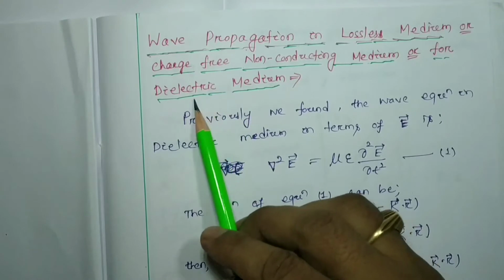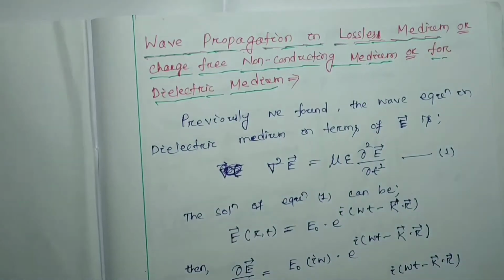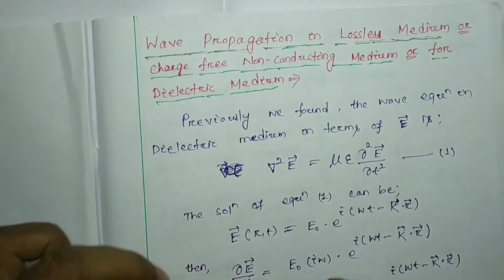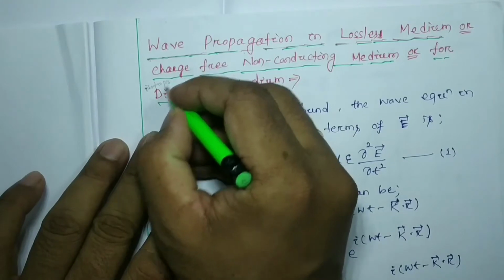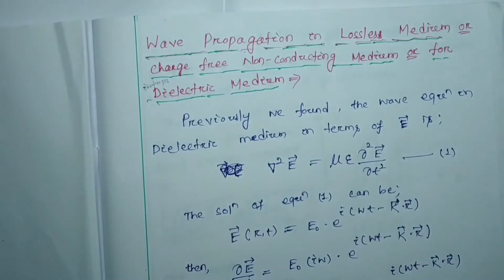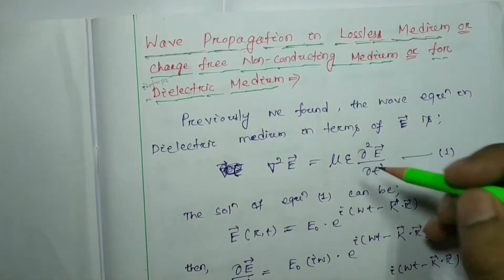And here the dielectric means isotropic, in all ways it is symmetric. Isotropic dielectric medium, you can write here.